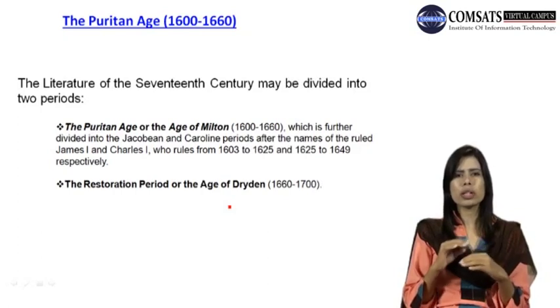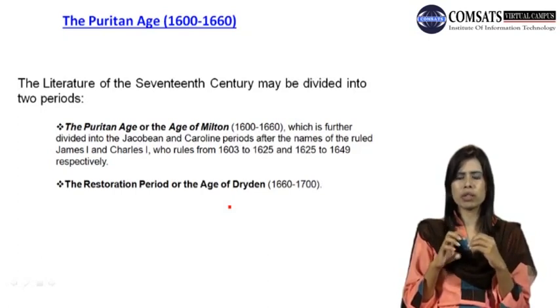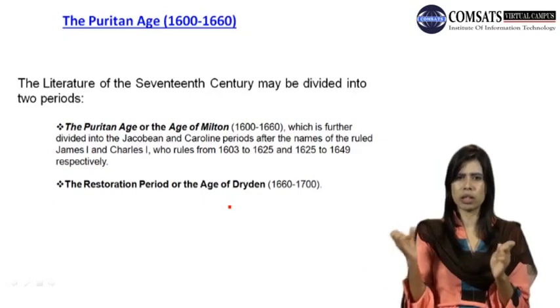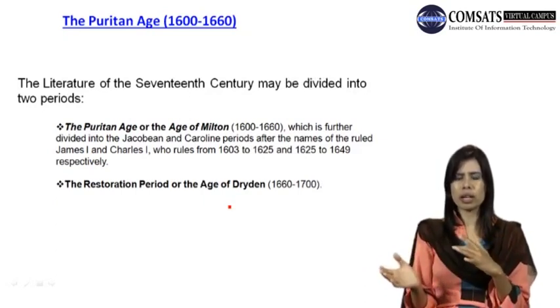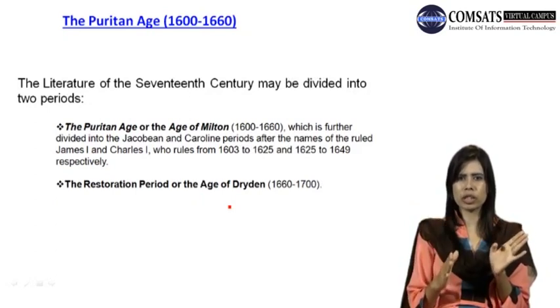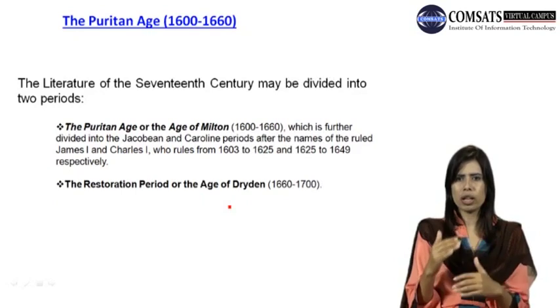You can see how these ages and periods are interlinked with each other and how we give them different terminologies. For example, the Puritan age is the age of Milton, and the Restoration period is the age of Dryden. That is the full-fledged 17th century literature.